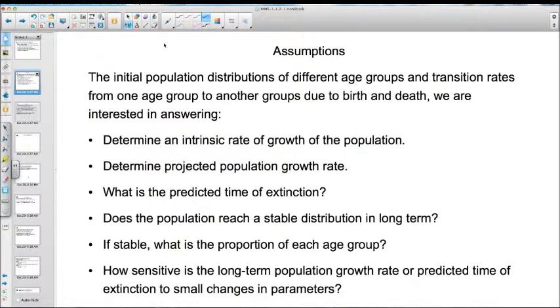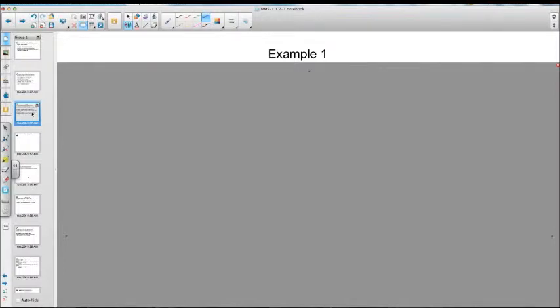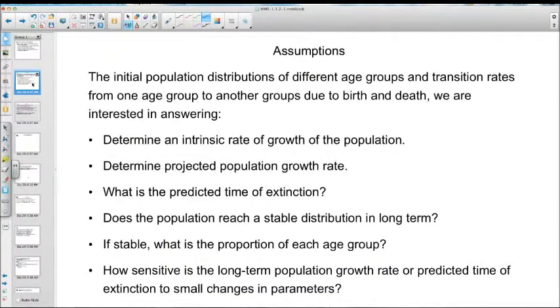The first is the birth rate and the death rate of that particular species. The second input parameter is the initial population. Once we know these two parameters, we can find the population distribution over time, and we can answer a whole list of questions if you're concerned.